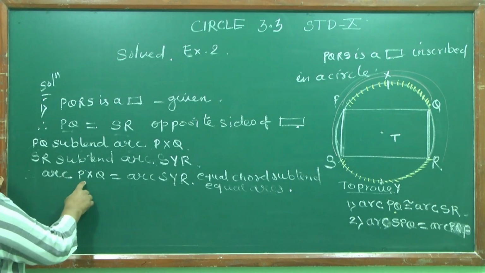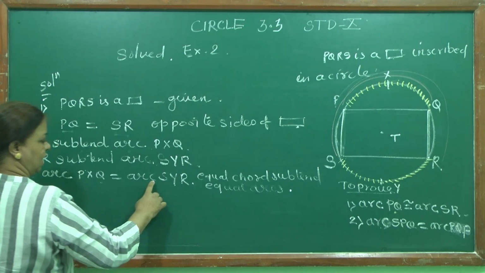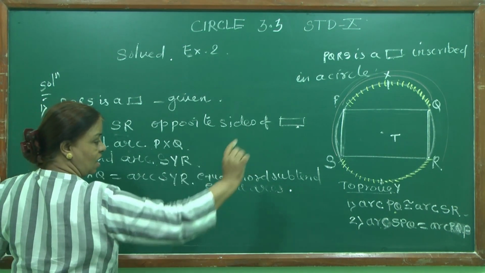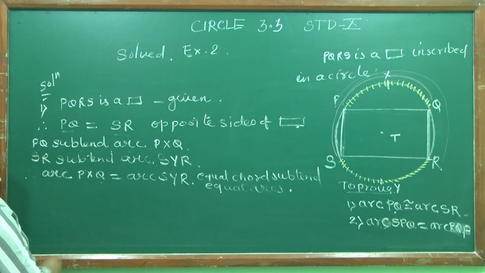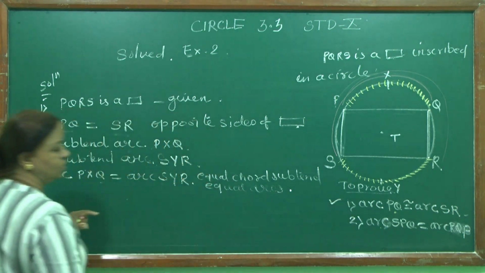Okay. So finally we can write PXQ means arc PQ and SYR means arc SR. So this is proved. The first thing is proved.